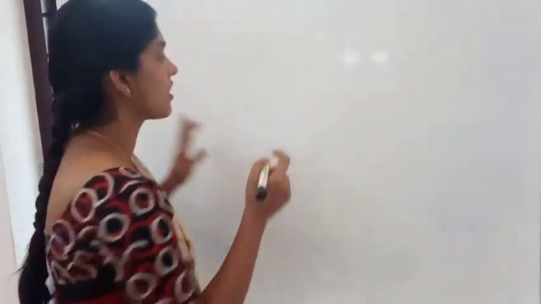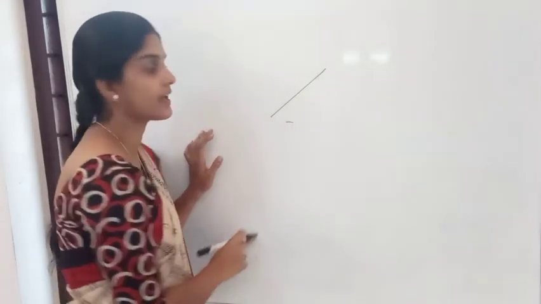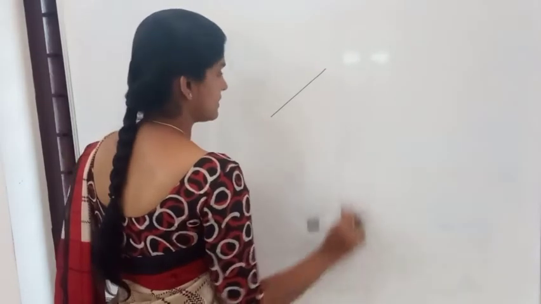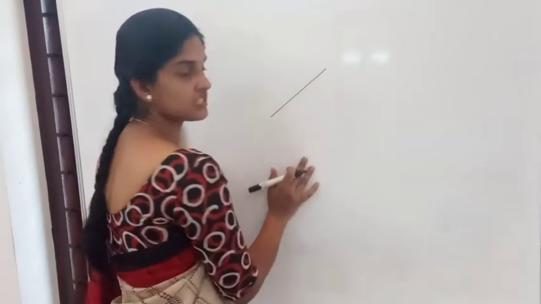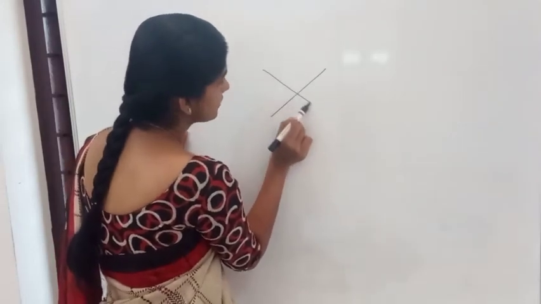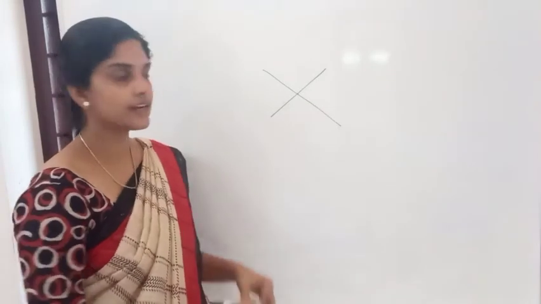Suppose we have one diagonal, and this is the midpoint of this diagonal. Any line through this point will be the other diagonal, right?